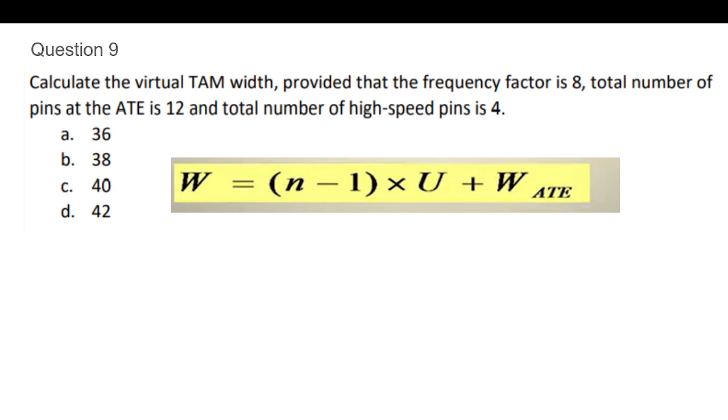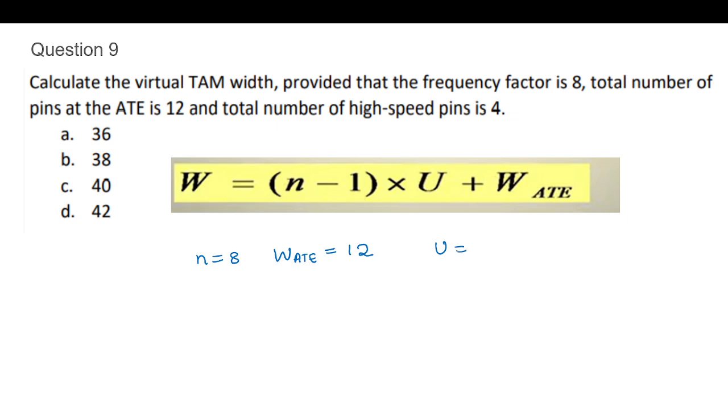Next, calculate the virtual TAM width provided that the frequency factor is 8. This formula is taken from the virtual TAM slide. Can you solve this? What is W_AT? Total number of pins in an ATE, which is 12.